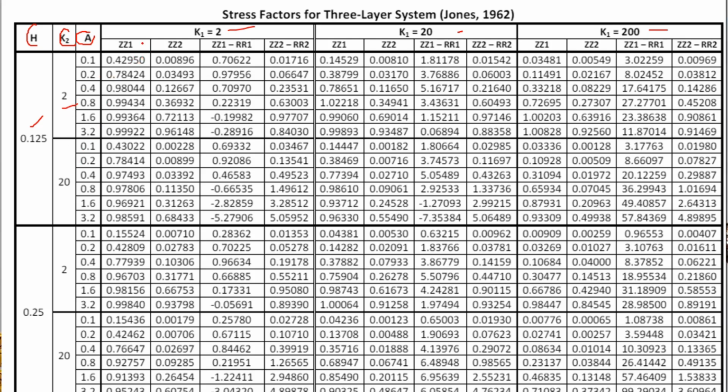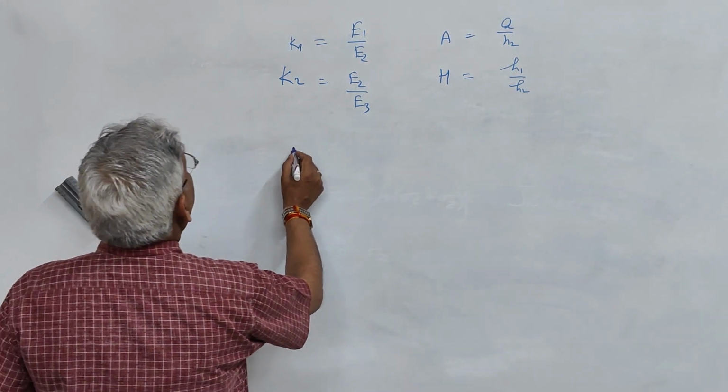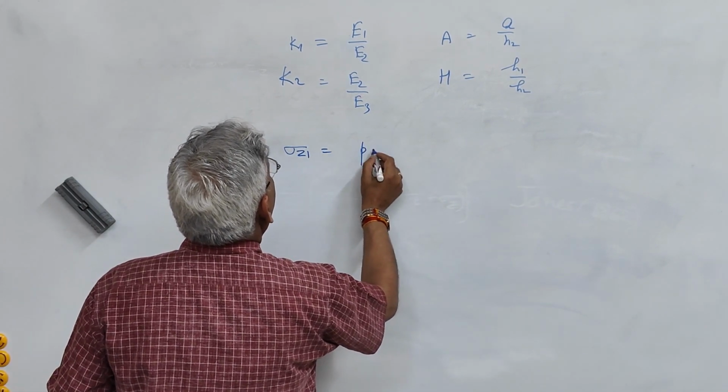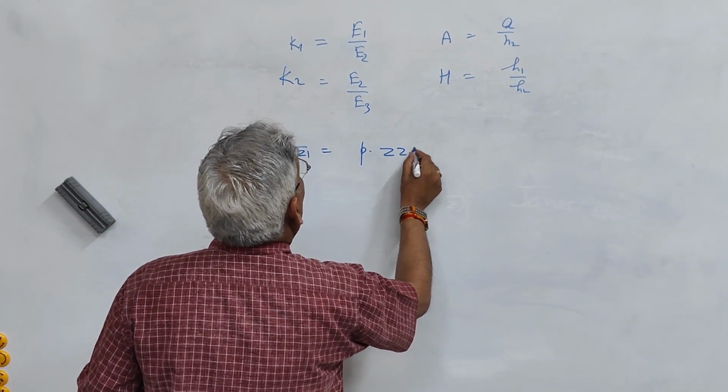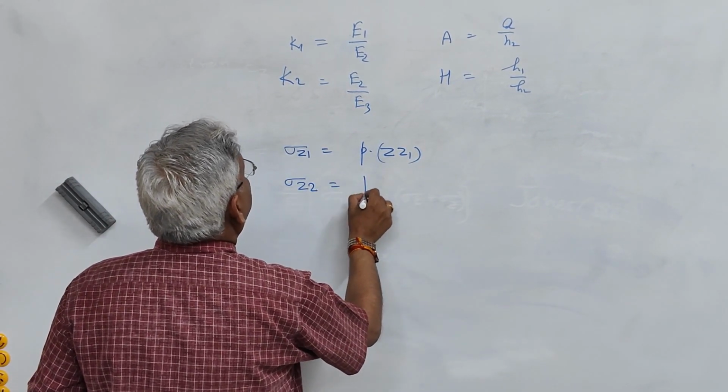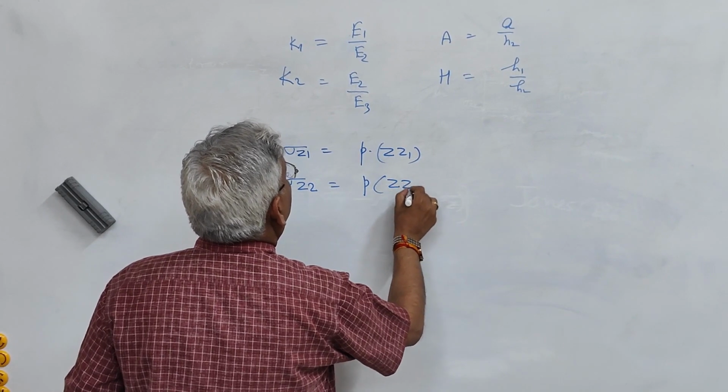Based on these 4 ratios, you can read the value of ZZ1, ZZ2, ZZ1 minus RR1 and ZZ2 minus RR2. Then sigma Z1 is P into ZZ1. And similarly, sigma Z2 is P into ZZ2.